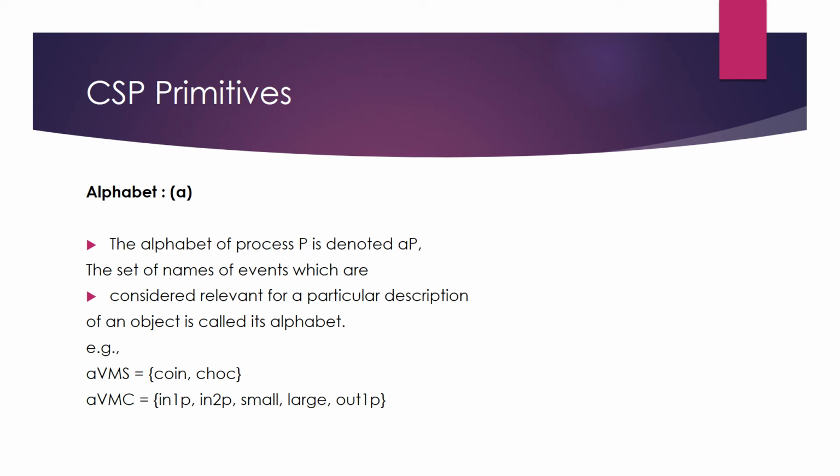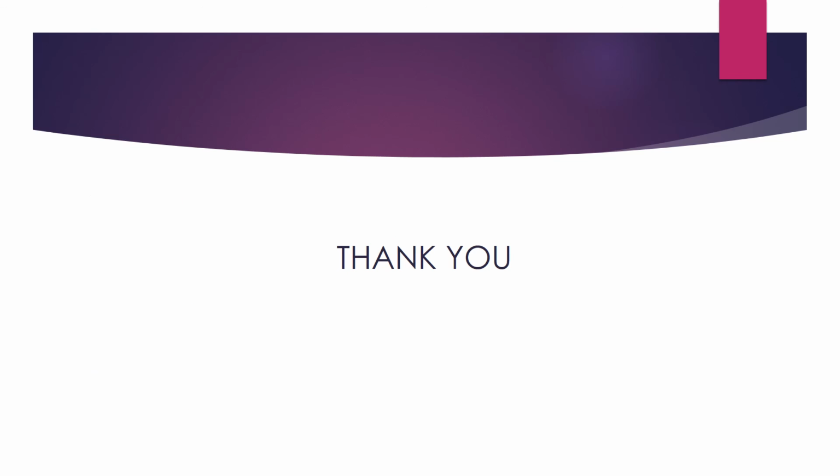The alphabet of process P is denoted alpha P, the set of names of events which are considered relevant. The same thing that happens with the events and the process, we take it differently, denoted by alpha. So it may be called the alphabet.